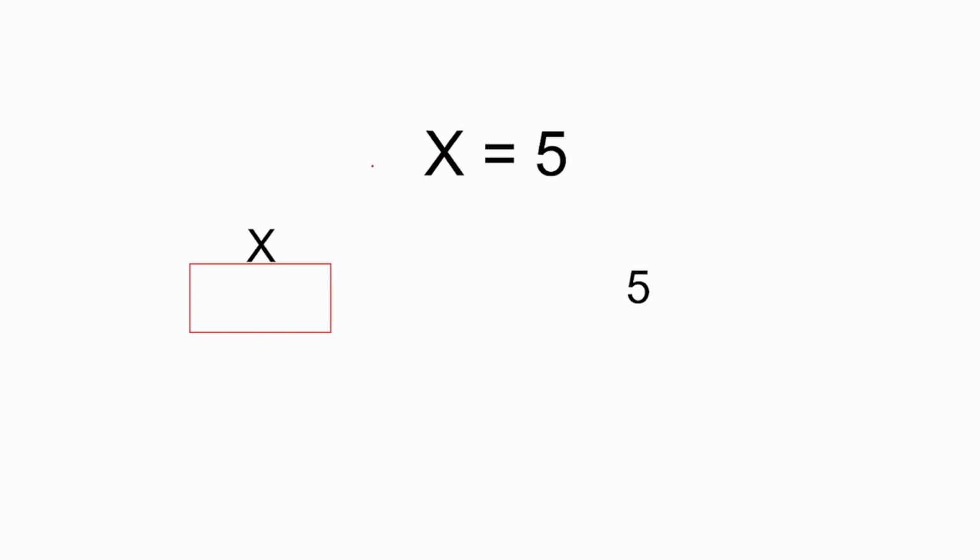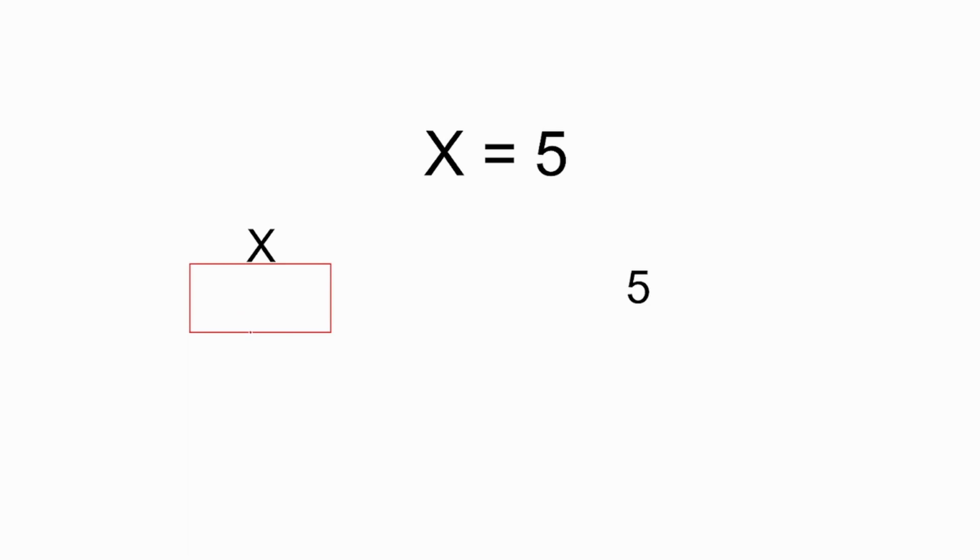This means that we've got a space in memory, you can see that by the red box here, that is reserved for something that we're going to put in there. And we've given that space in memory a name. We're going to look at declaring variables in a later video, but this is how we set up a variable. Once you've declared the variable, you now have that variable and this space in memory available for it.